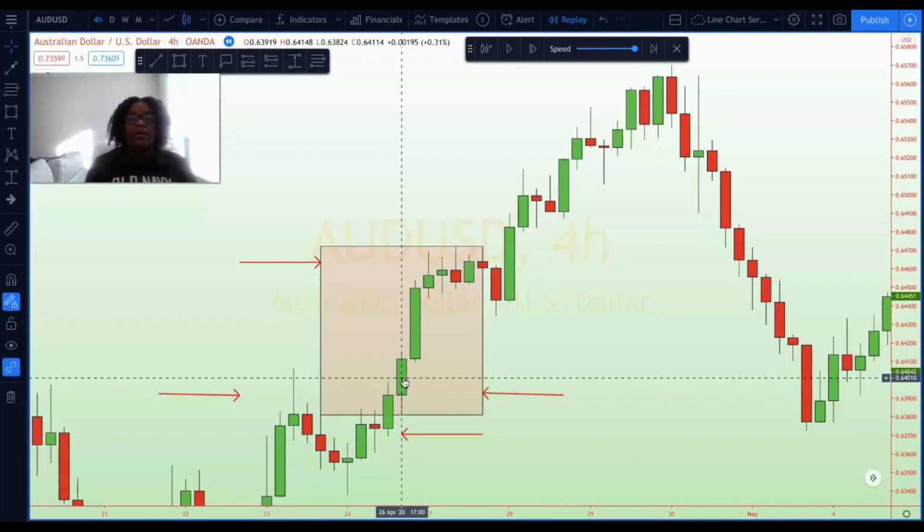At 5 o'clock p.m. Eastern Standard Time on a Sunday, that's when the 4-hour candle begins to form. Then it closes at 9 o'clock p.m. Eastern Standard Time. A new candle begins to form. Then it closes at 1 o'clock a.m. A new candle begins to form. Then it closes at 5 o'clock a.m. A new candle begins to form. Then 9 o'clock a.m. A new candle begins to form. 1 o'clock p.m. A new candle begins to form.